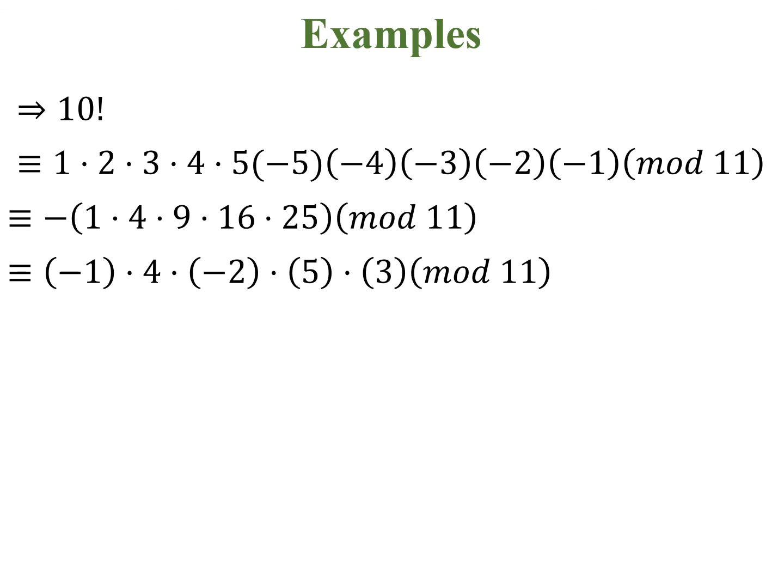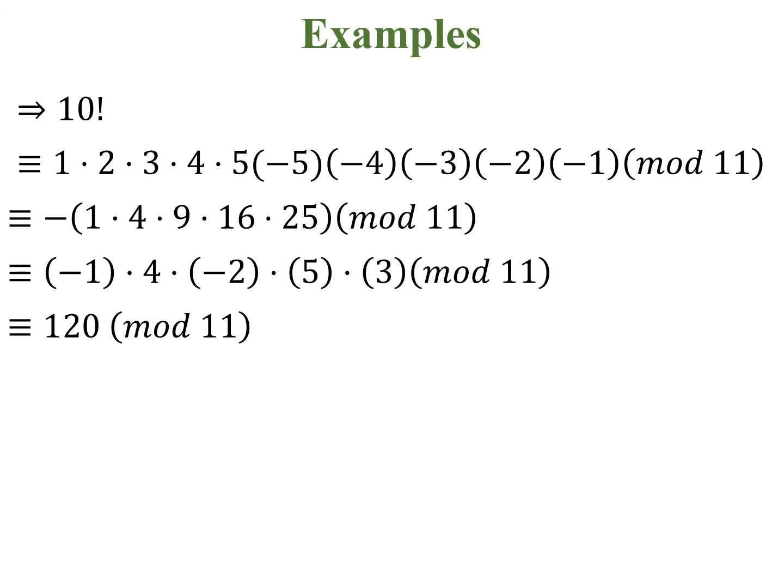Now here are two negative signs. Negative into negative becomes positive. So it is congruent to 1 into 4 into 2 into 5 into 3. 1 into 4 is 4, 4 into 2 is 8, 8 into 5 is 40, into 3 is 120 modulo 11.